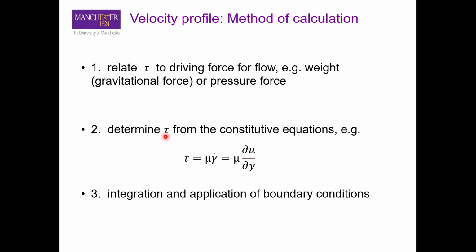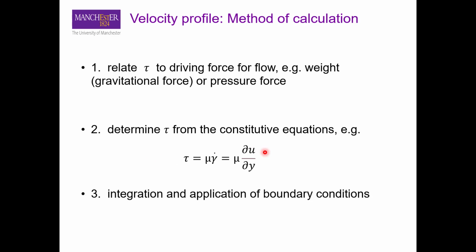So for the development of velocity profile, we are going to follow three main steps. Step one is that we have to perform a force balance where we relate torque with the driving force, and that driving force can be the gravity or it can be the pressure force. Second step is that we write tau in the form of velocity gradient using constitutive equations.